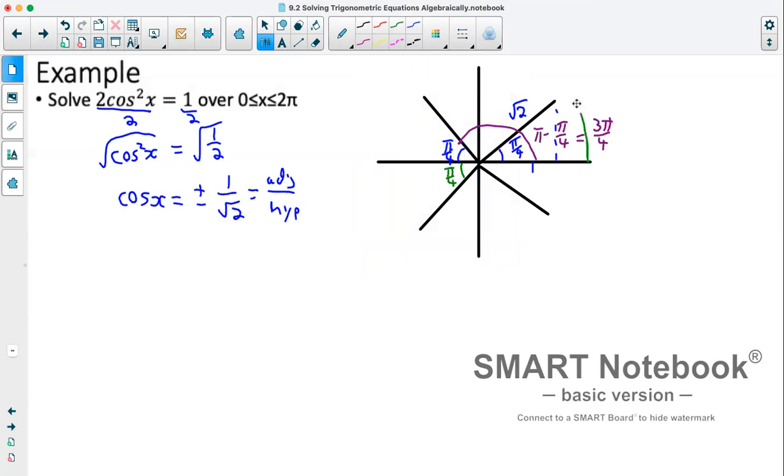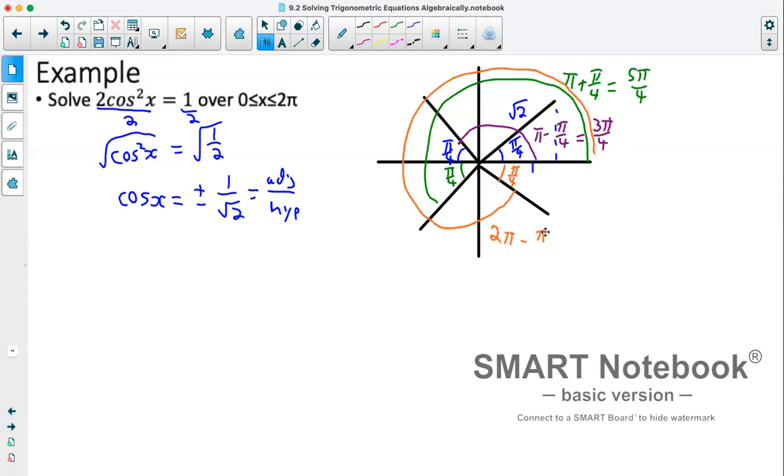So going from here to here would be pi plus pi over 4. So that's going to give us 5 pi over 4 radians. And finally, from here all the way to here, we know this reference angle is pi over 4. So that's going to be 2 pi minus pi over 4. So that's 7 pi over 4 radians.